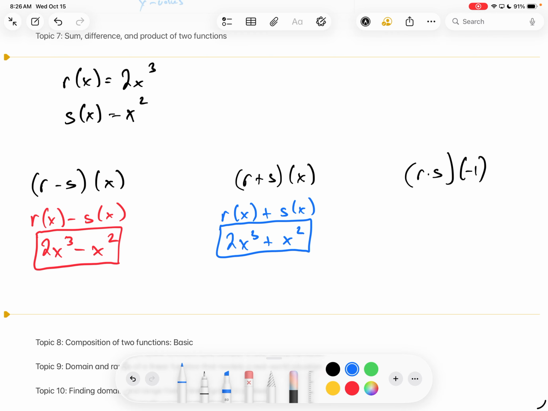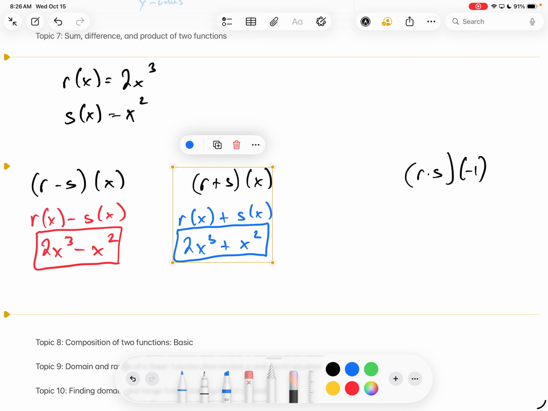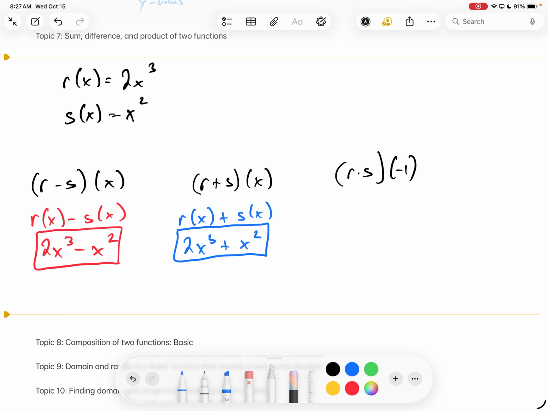On this one, you could do it two different ways. I don't feel like we did this one in class. But since we've been doing it like this, we can say r of -1 times s of -1. I actually think this way is easier. To find r of -1, you plug in a -1.